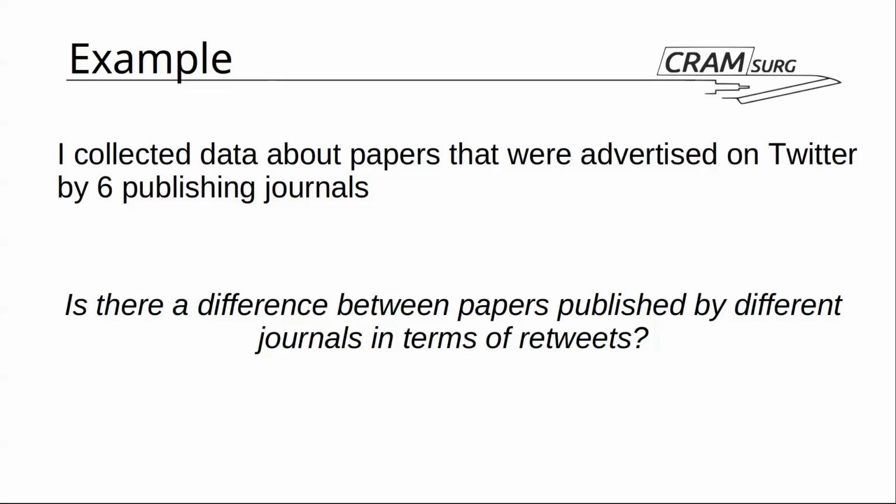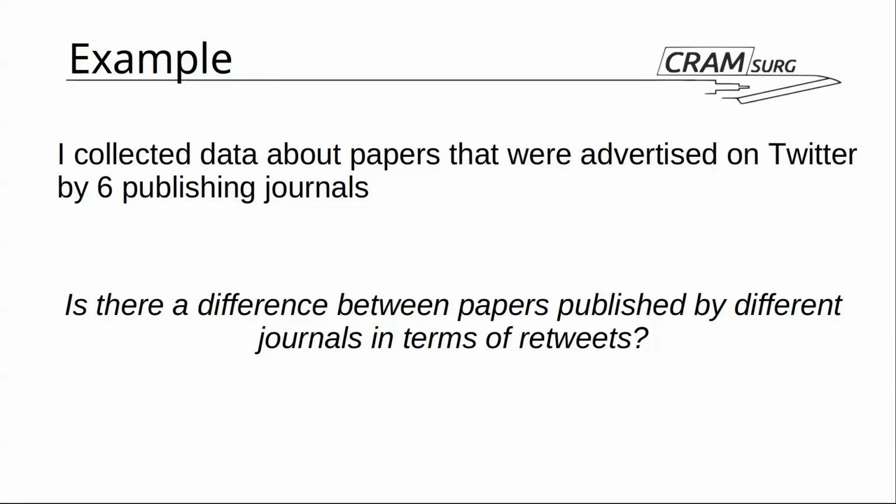As you probably recall from the previous sessions, for my dissertation, I was looking at retweet rates versus tweets published by publishing journals when they're advertising their publications on Twitter. So for the purposes of that work, I have collected data about tweets that these journals have made and how many retweets those tweets attracted.